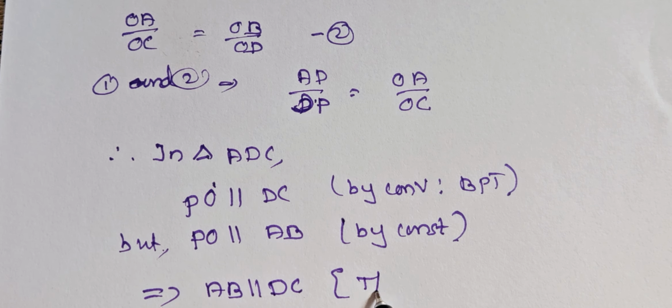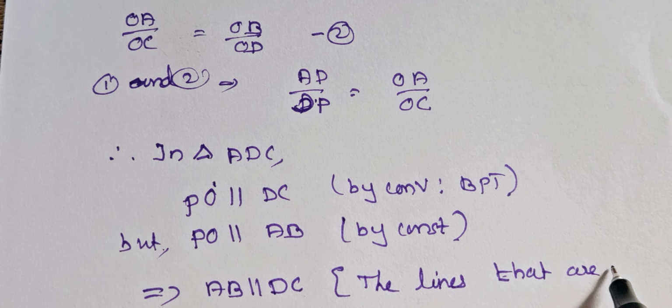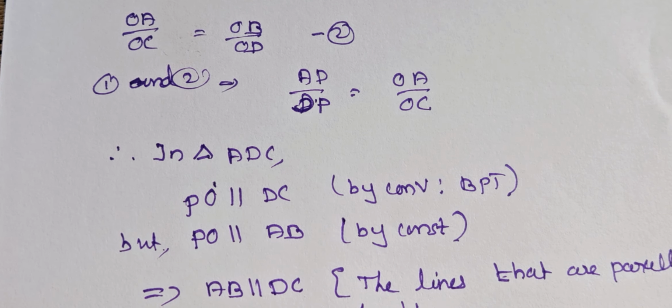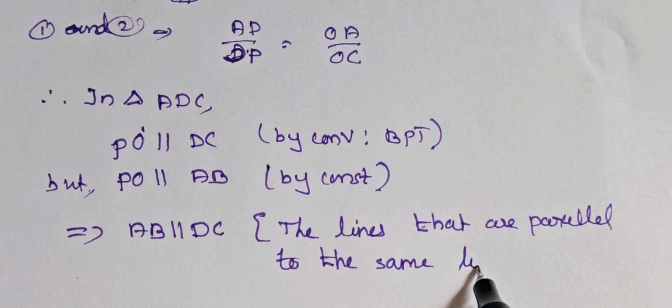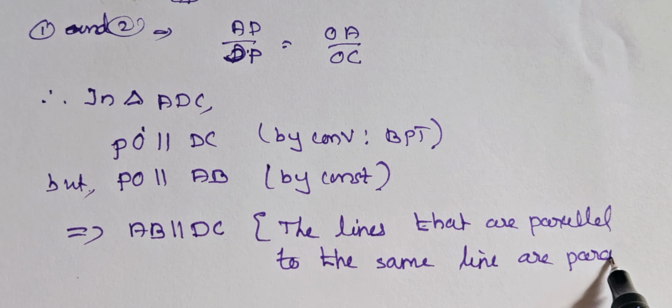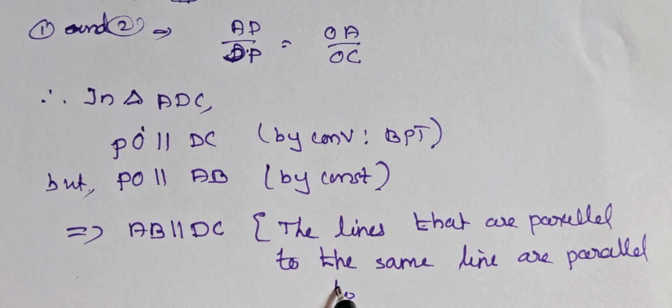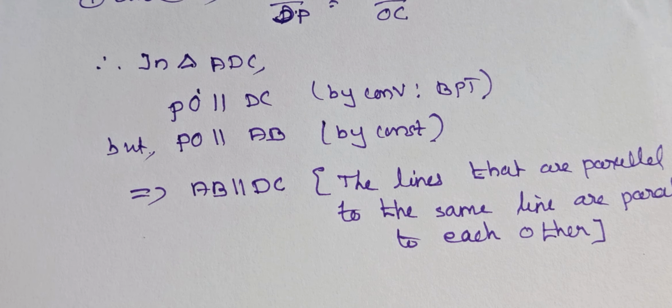Reason, the lines that are parallel to the same line are parallel to each other. Using that property we get AB is parallel to DC.